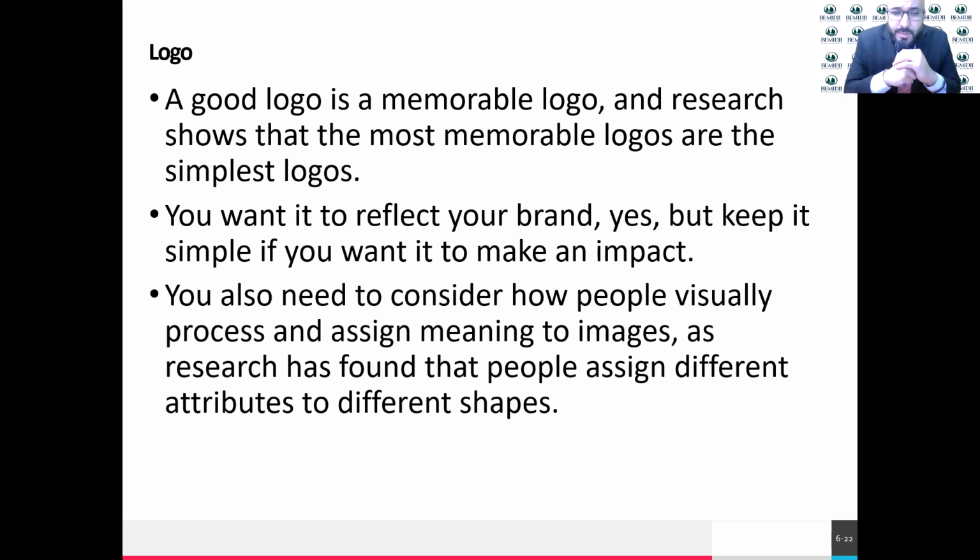You also need to consider how people visually process and assign meaning to images, as research has found that people assign different attributes to different shapes. So again, the short summary of this slide is we need to keep our logo as simple as we can to represent your service.